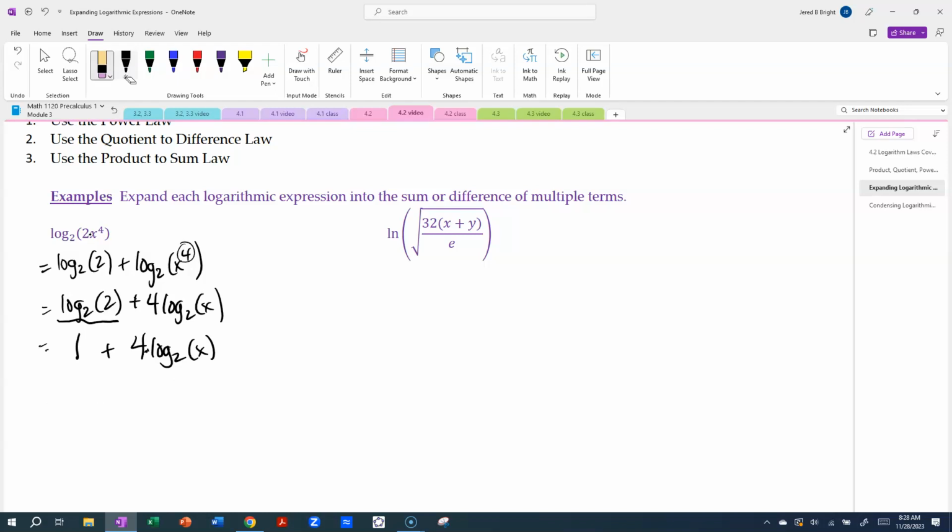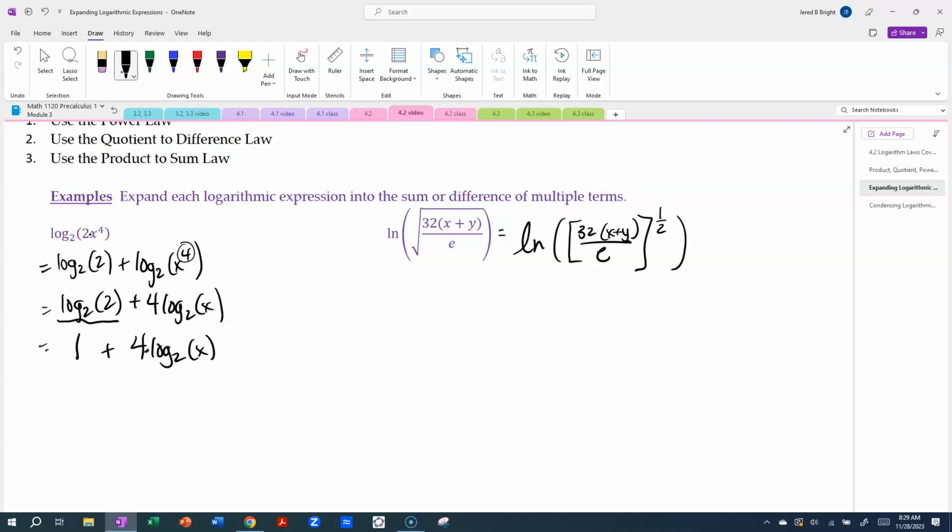Next one, natural log of, oh, this hot mess. Okay, so first thing is, I don't like square roots, but I do like fractional exponents. So I'm going to write this as natural log of 32 parentheses x plus y all over e. And then this inside here would be to the power of 1/2. Okay.